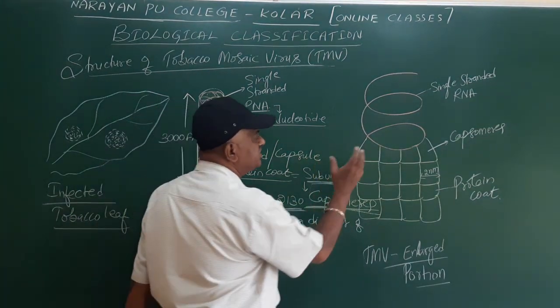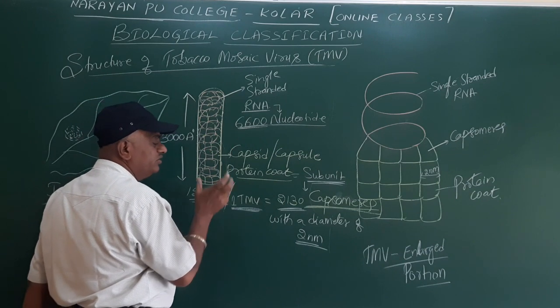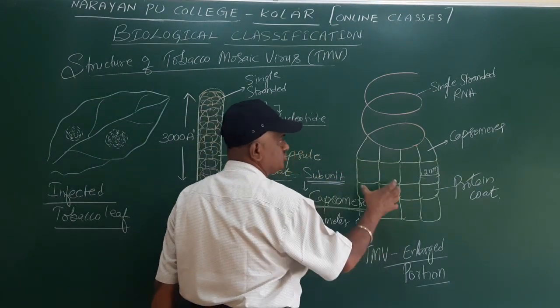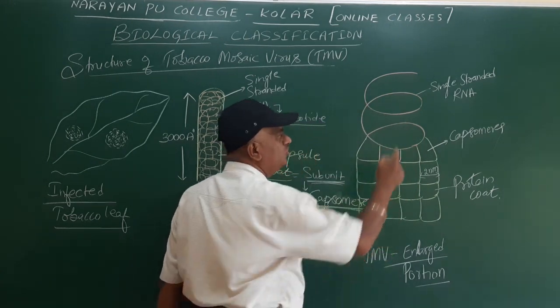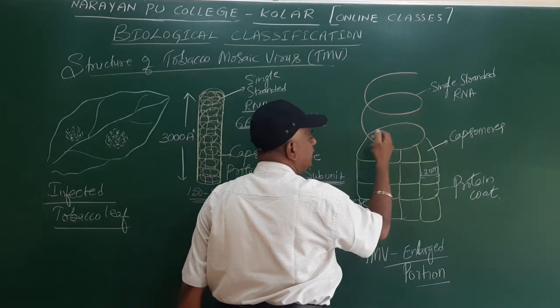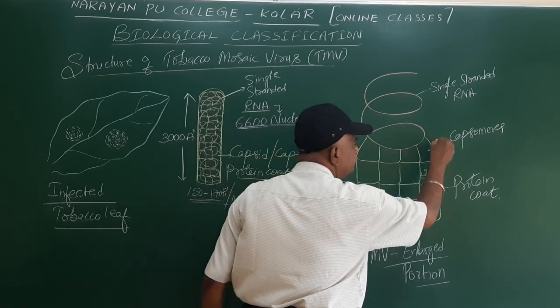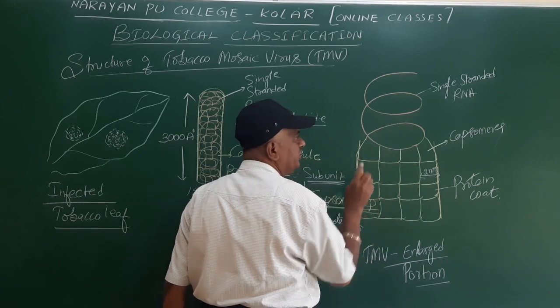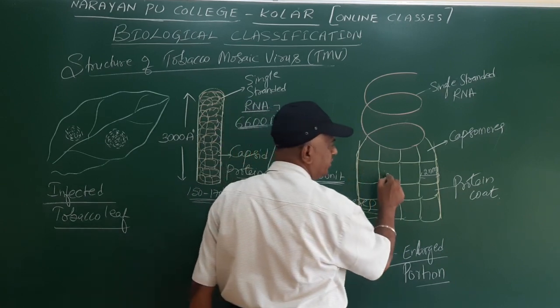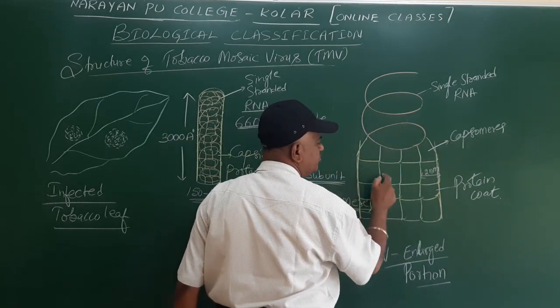When this TMV is enlarged, at the center there is a hollow single-stranded RNA, and this is covered by a protein coat. This protein coat is made up of smaller subunits called capsomeres.